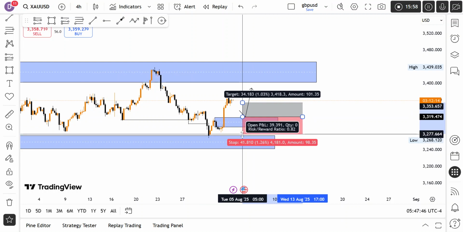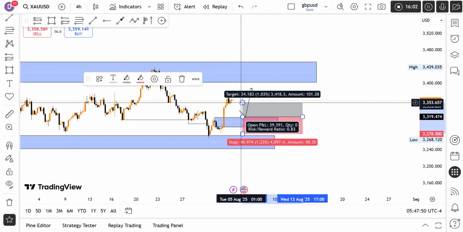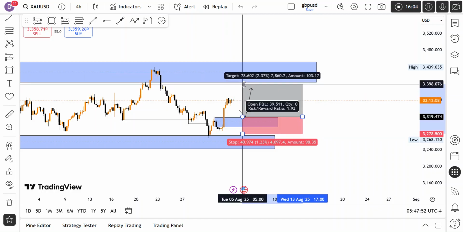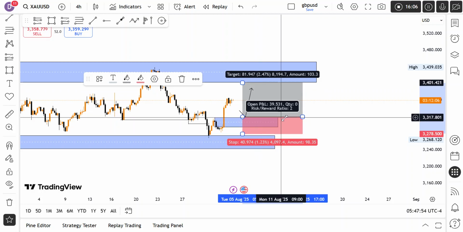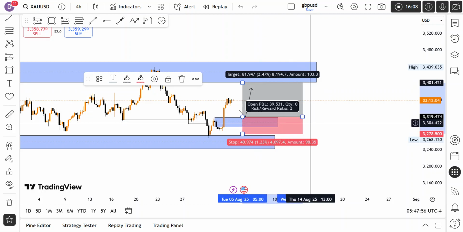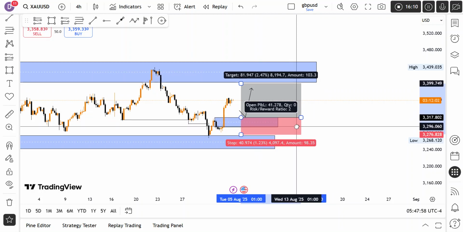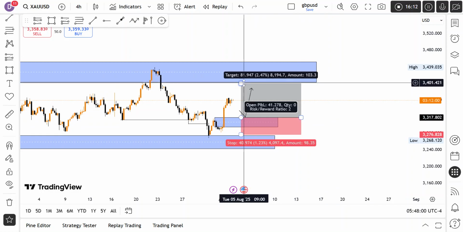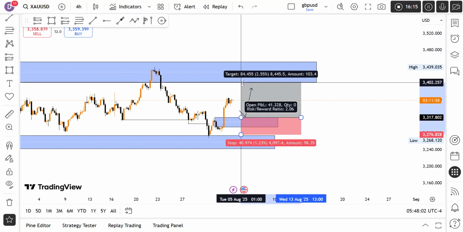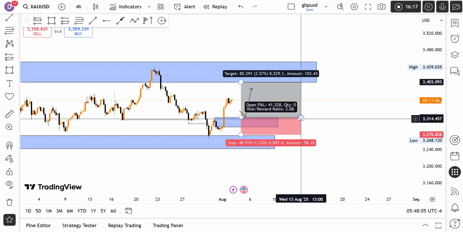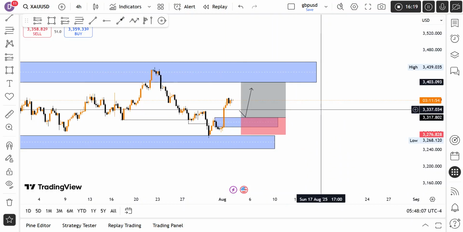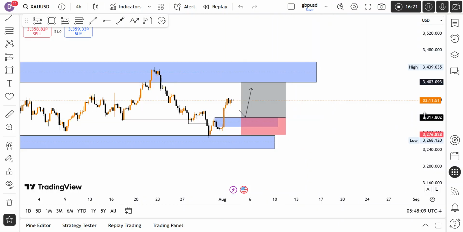We're going to put our entry here. We take the TP here. We have one to two. We're going to stick to that. That's it.